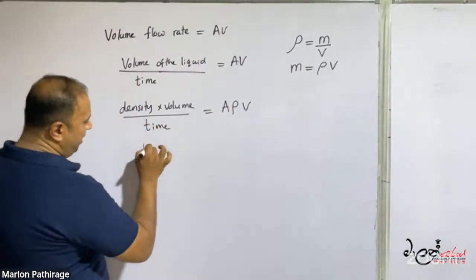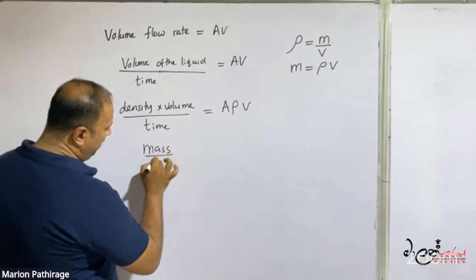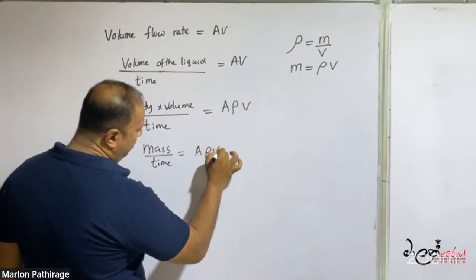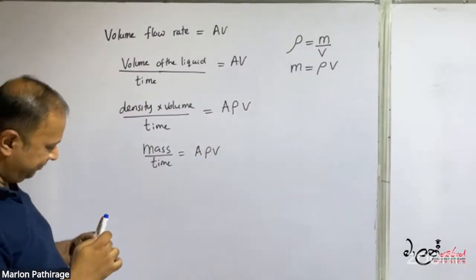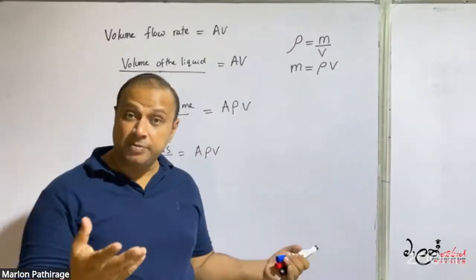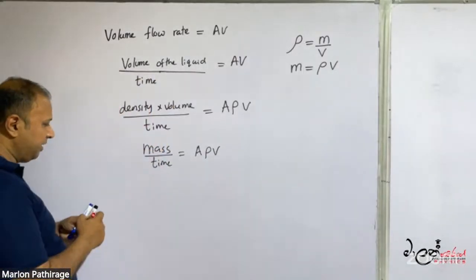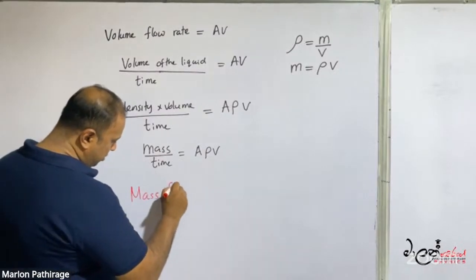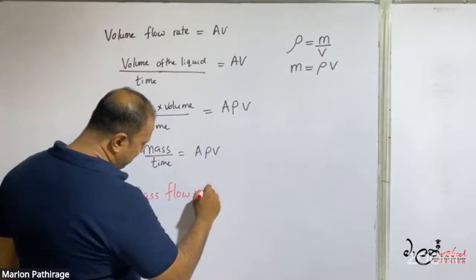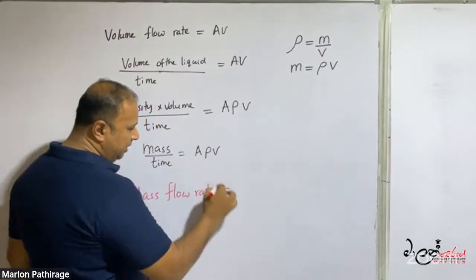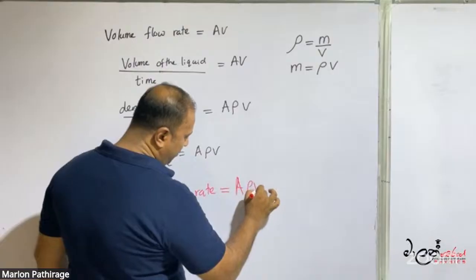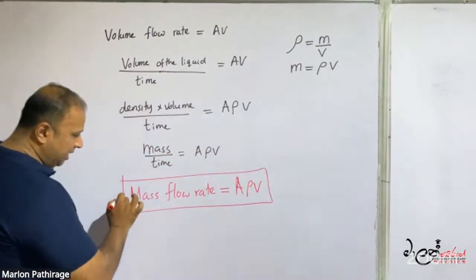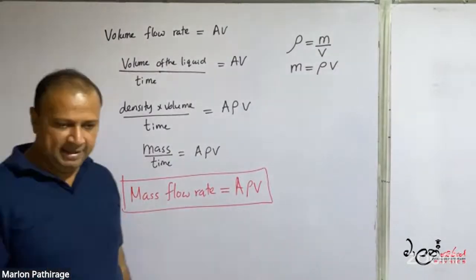Therefore, mass over time is equal to A rho V. Mass over time means mass flow rate. Mass flow rate is equal to A rho V.